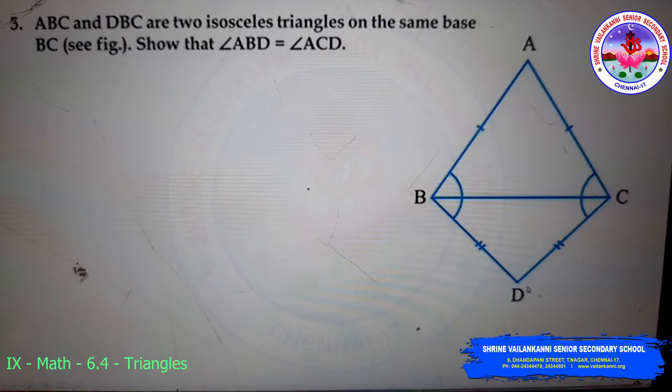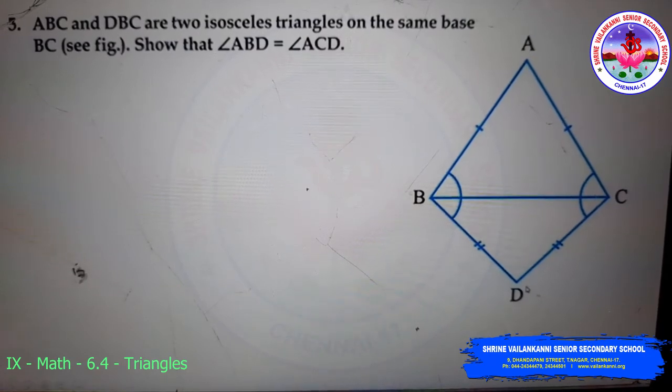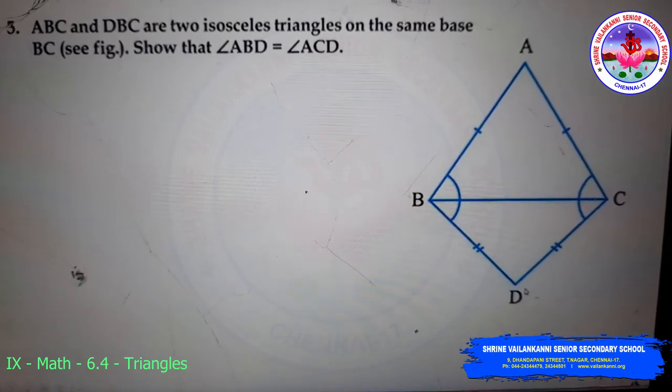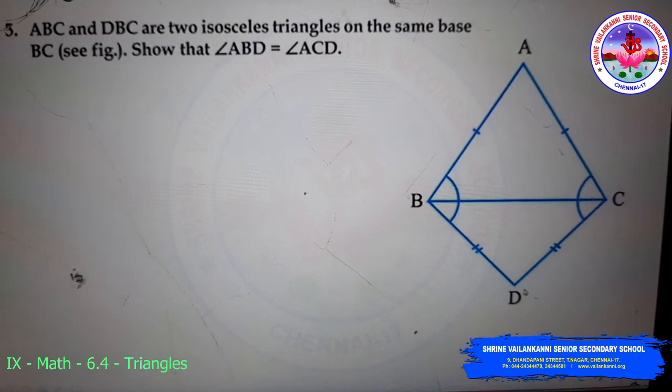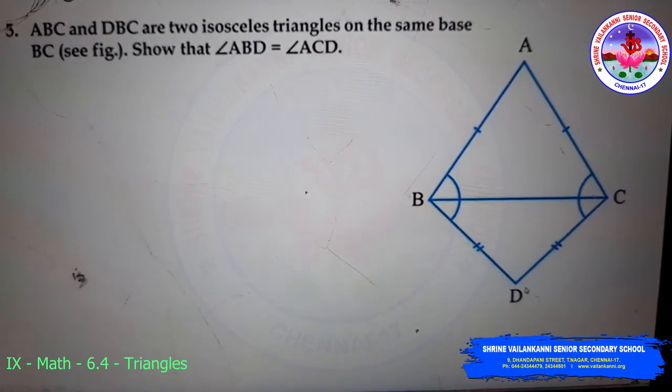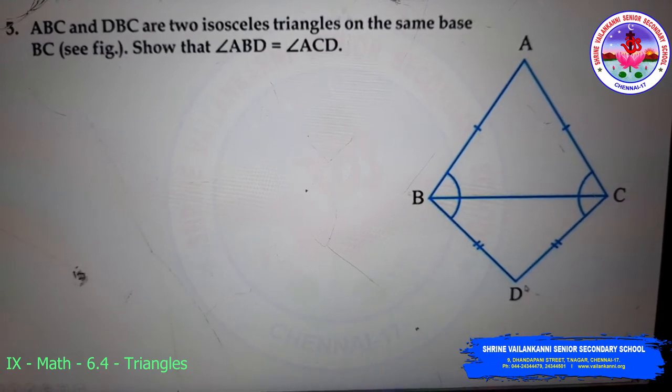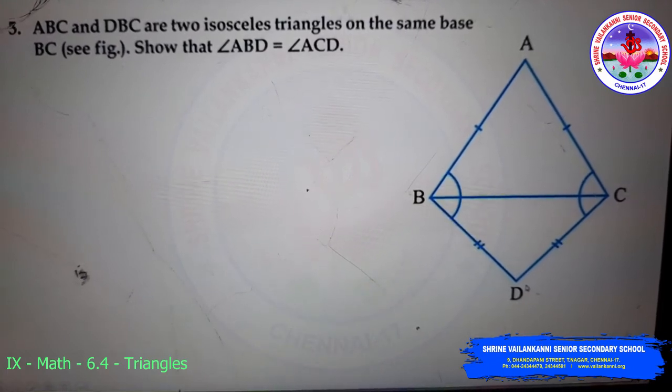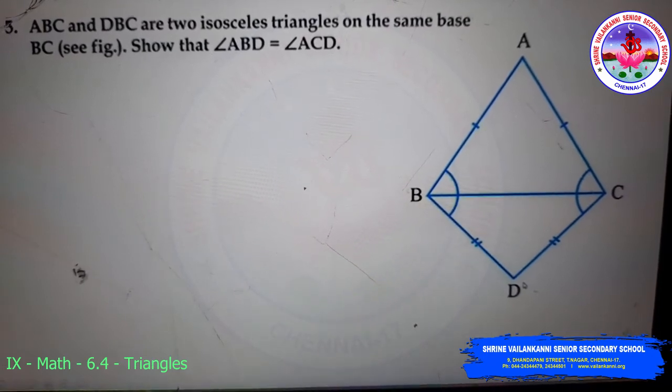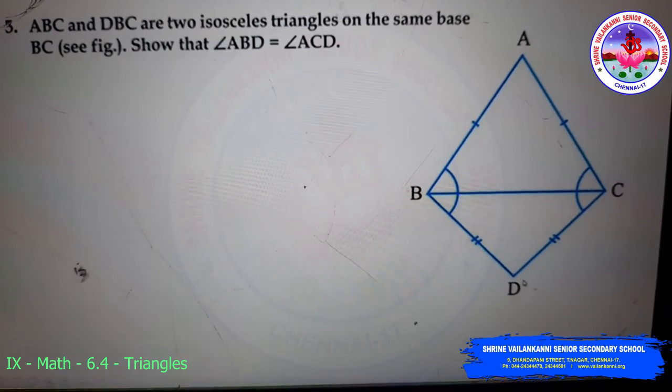Fifth problem: ABC and DBC are two isosceles triangles on the same base BC. Show that angle ABD is equal to angle ACD. He has given the figure, ABC and DBC are two isosceles triangles on the same base. So using the isosceles property, I am going to prove that angle ABD is equal to angle ACD.